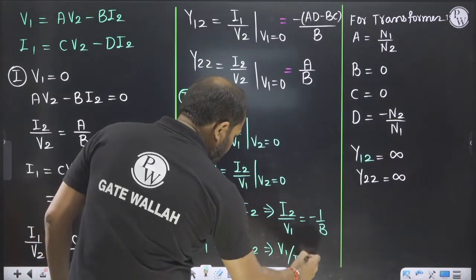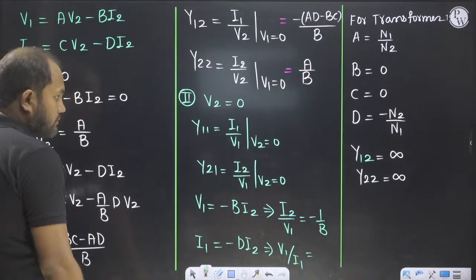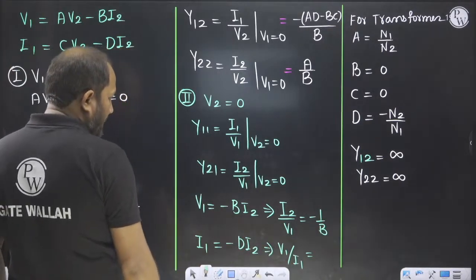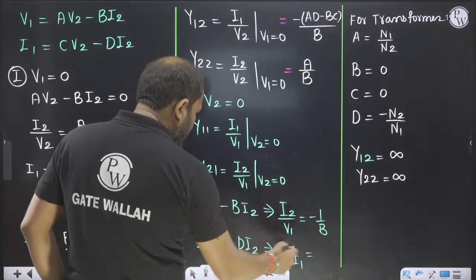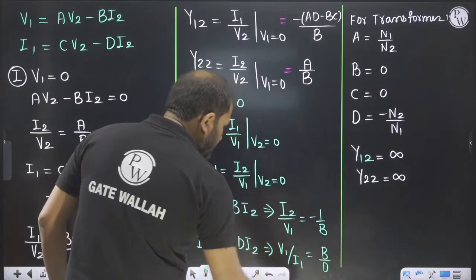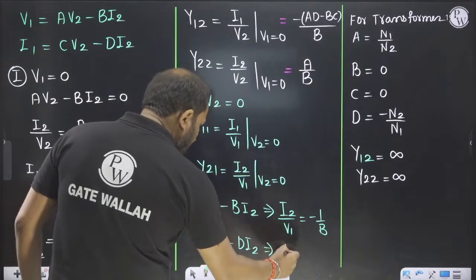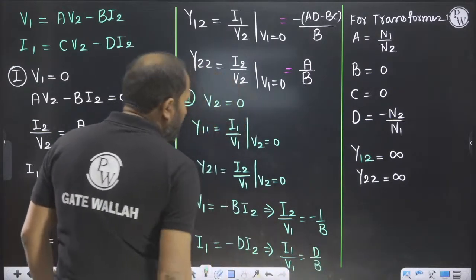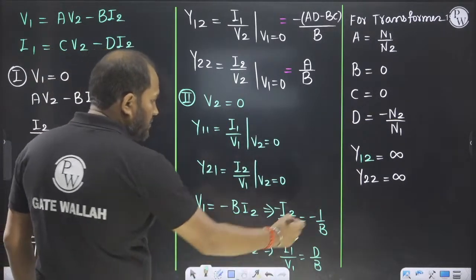So V1 by I1 is B by D, and I1 by V1 is equal to D by B. But this ratio should have a minus sign, so it will be plus.